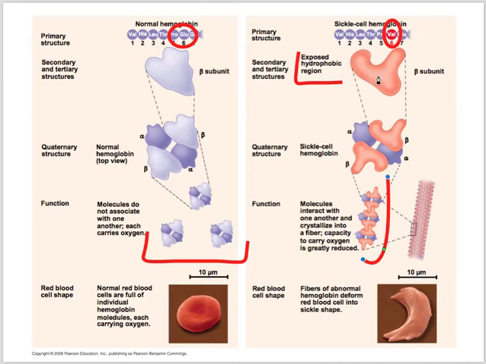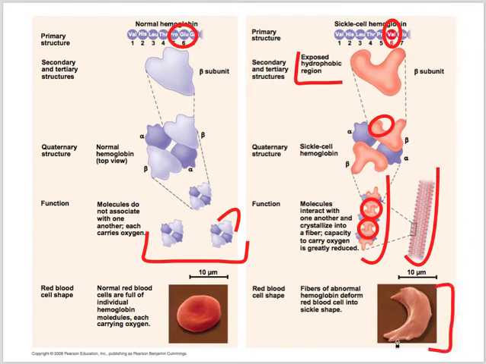And this is a key tenet of how proteins and their 3D shape form. If you have an exposed hydrophobic region like this, it's going to find the other hydrophobic regions and bind up with them. It's not going to face out freely like it should be right here. And you end up with these long striated structures that cause the sickle cell trait.